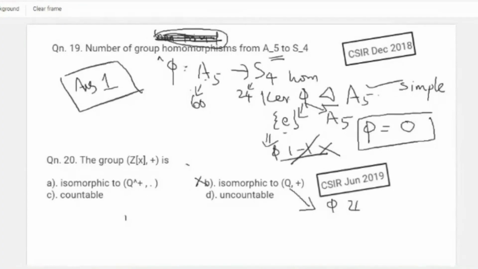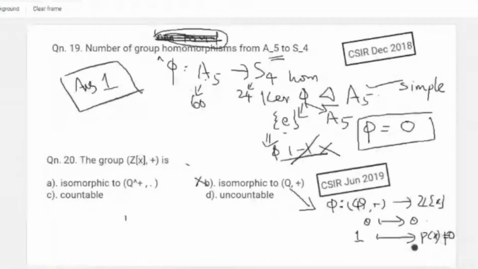Suppose there is a group isomorphism from Q to Z[x]. The identity element is mapped to the identity element. There is an element 1 here. It should be mapped to some P(x), which is non-zero.